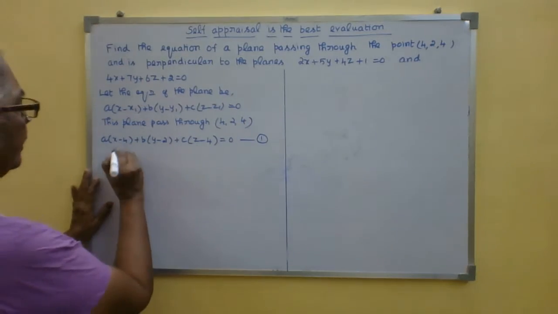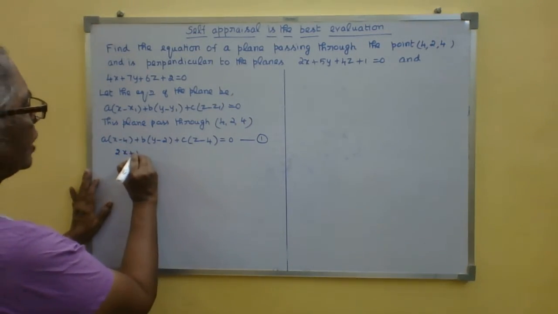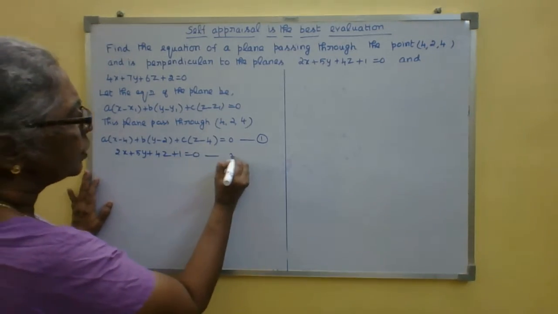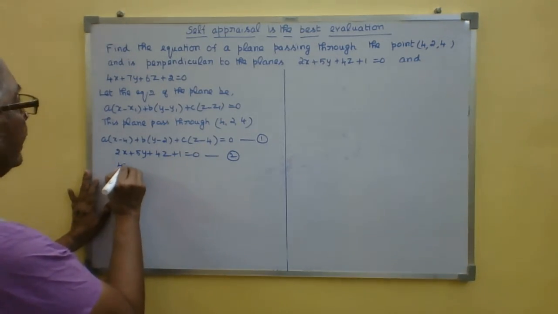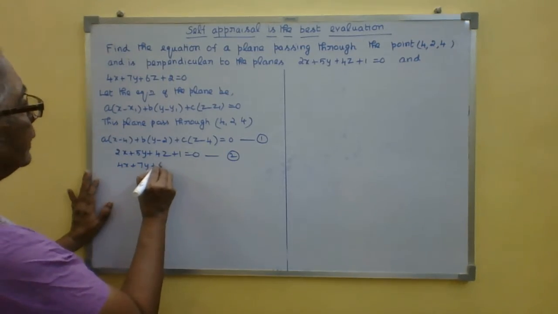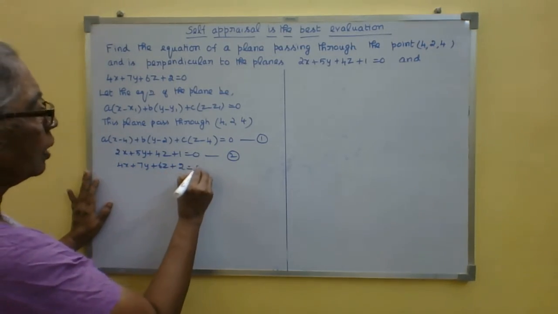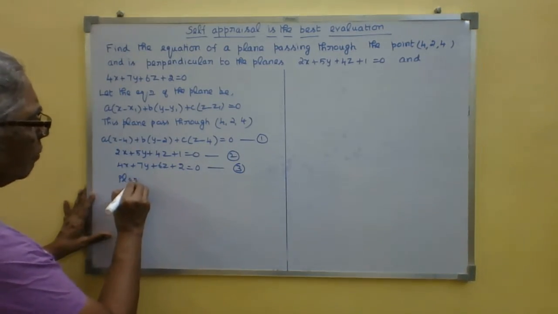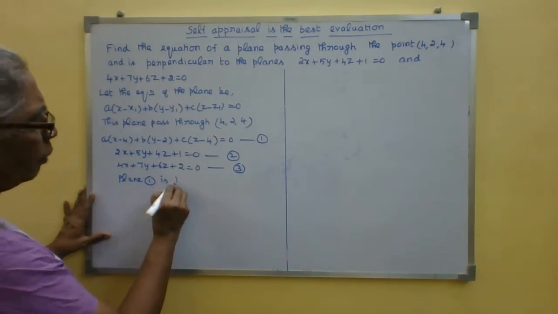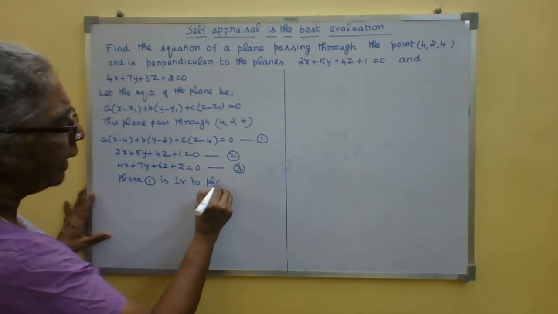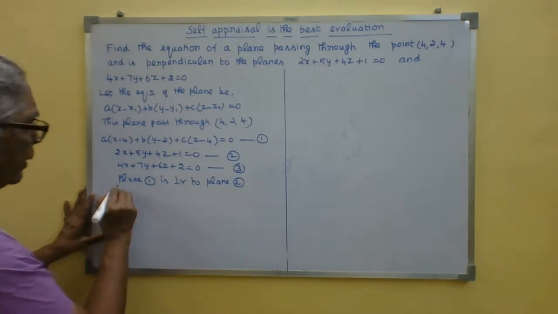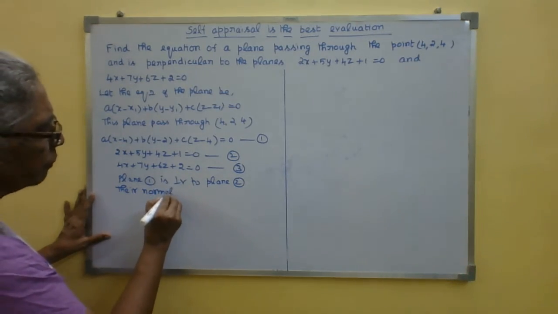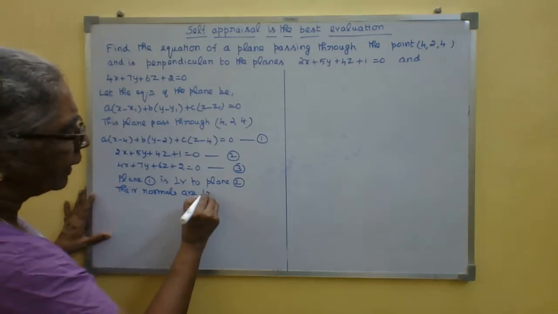Now let me write the other two planes and mark them as plane 2 and plane 3. This one I will write as plane 2, and 4x + 7y + 6z + 2 = 0 as plane 3. Now we know plane 1 is perpendicular to plane 2, so their normals are perpendicular.